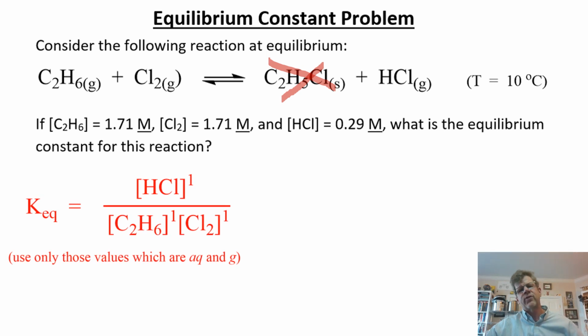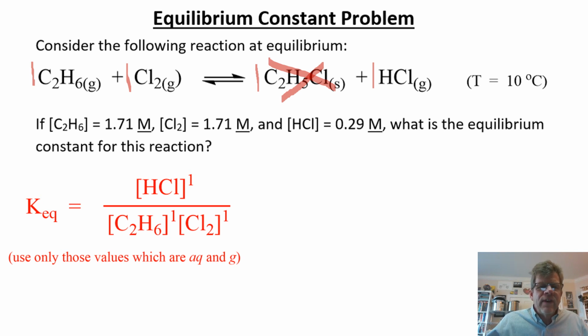Notice the product on the top is only HCl, as we just referred to, and we put our reactant profile on the bottom. Now notice on all of these, the numeral implied in front of our reactants and products is 1. It's not shown, but that is the implication.